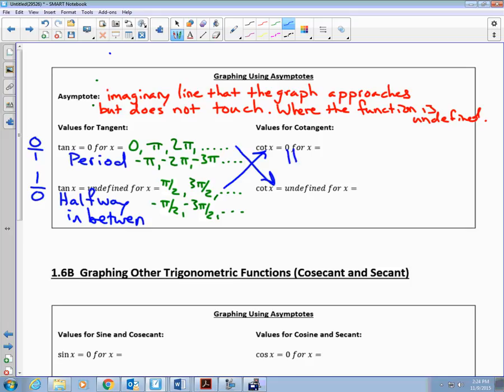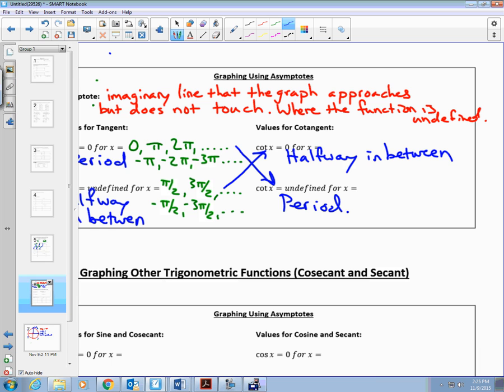Halfway in between. They switch because they're reciprocals. And cotangent is going to be undefined at the period. If you can remember these, folks, that's going to help you out. That's the idea. And that's what makes all the sense in the world, okay, as you're doing your test.